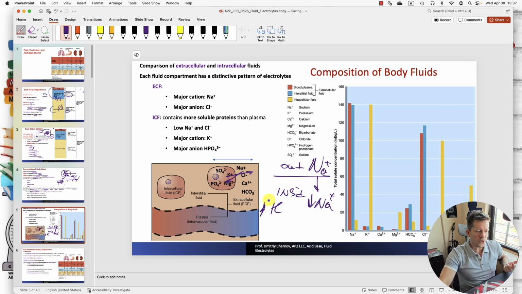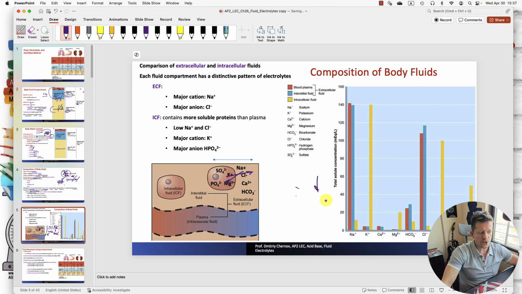So potassium is going to leave the cell because of the concentration gradient. And there are also attraction forces, plus to minus. So please keep this in mind. Positive is cation and negative is anion.